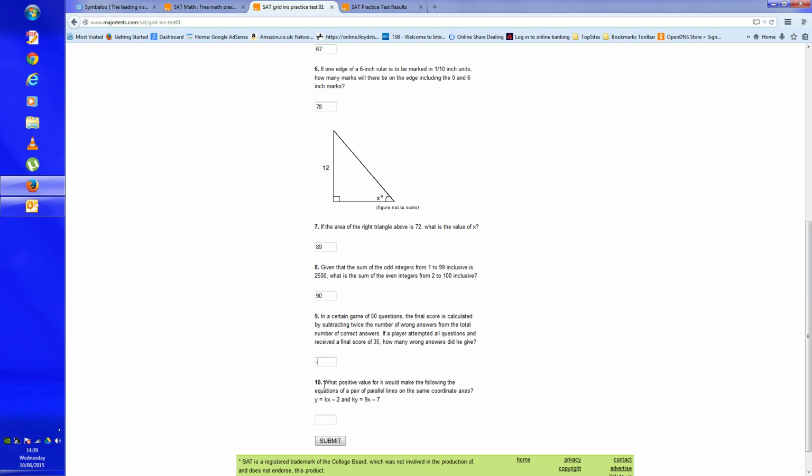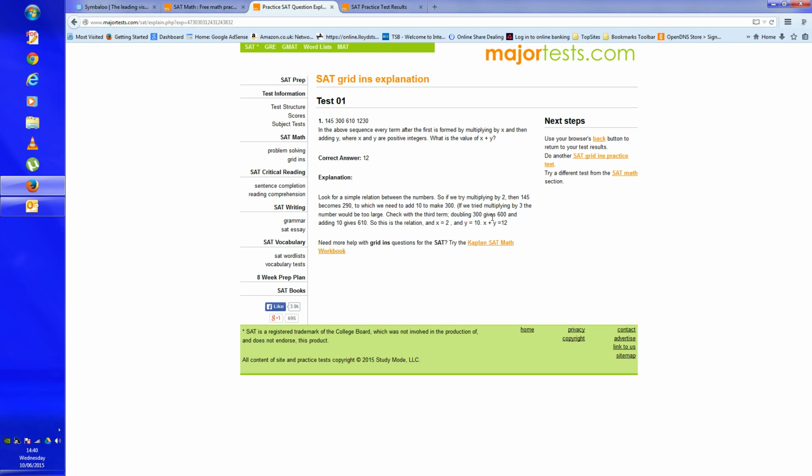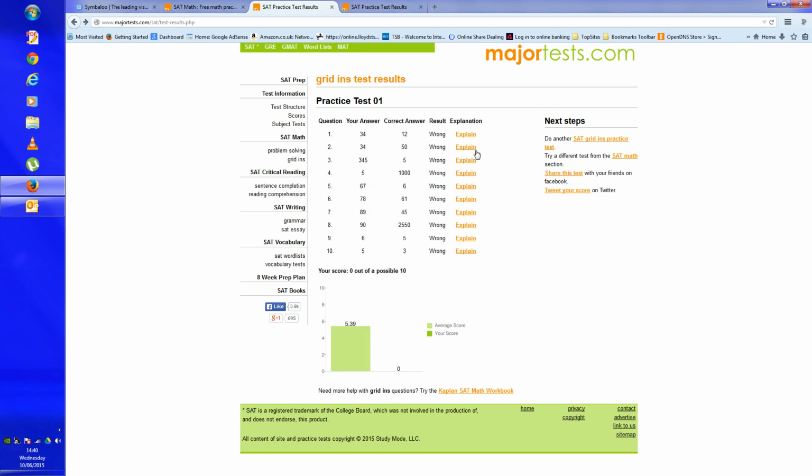I believe they would explain the solutions. I've answered all of them incorrectly. There we go. Now you can see when you answer all of them incorrectly, you've actually got the opportunity to have a look at the explanation to your solution. And there we have a more in-depth workaround to the solution for each individual question. So we can go back.